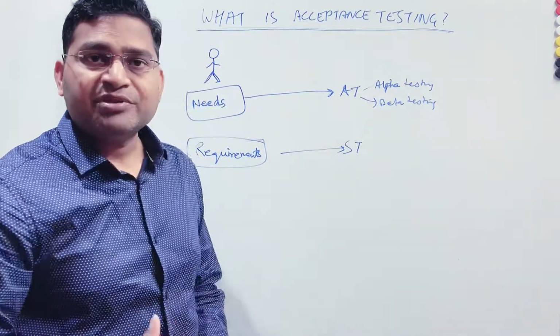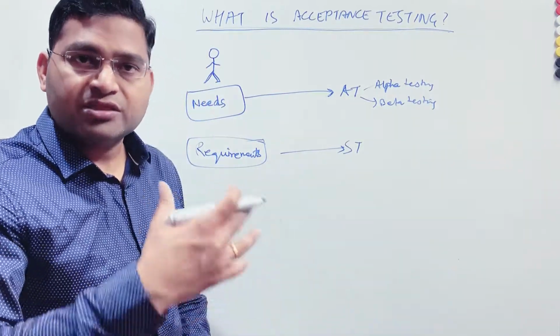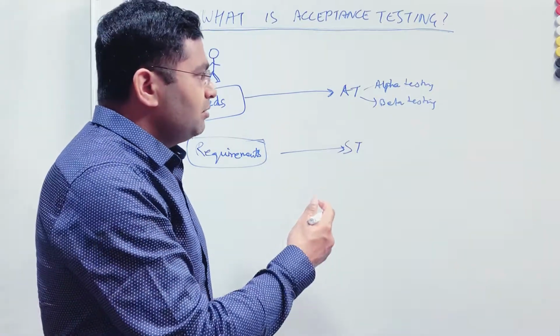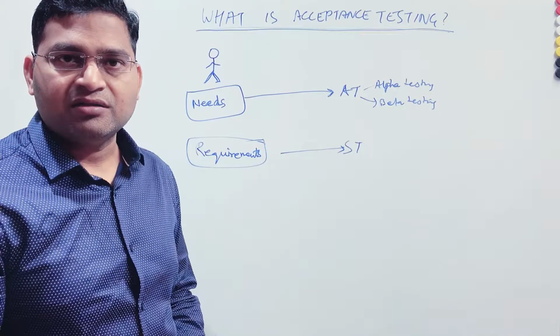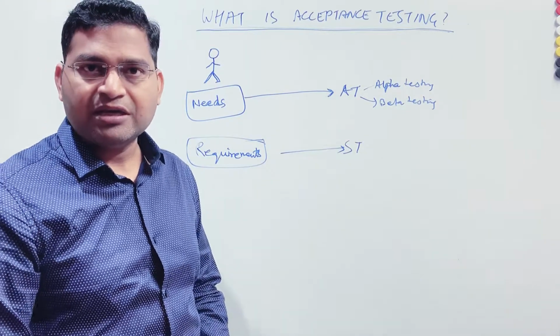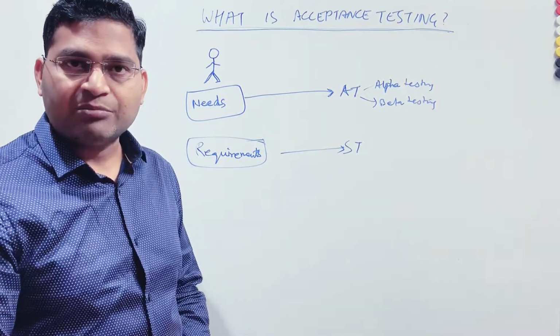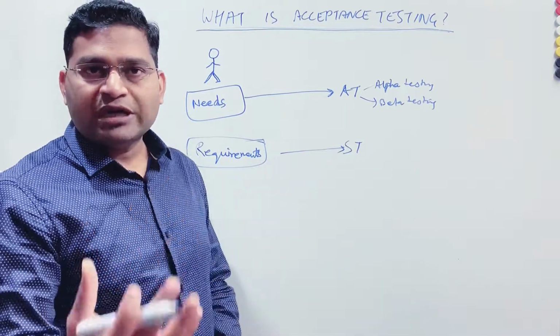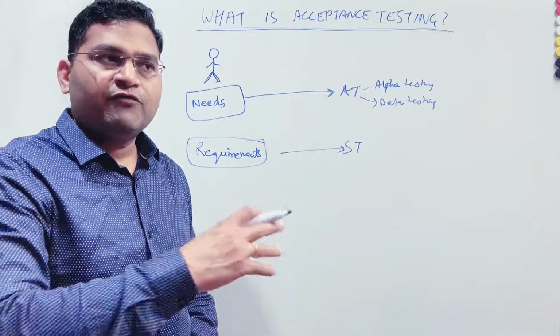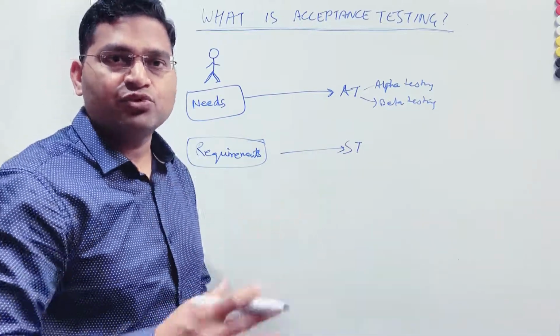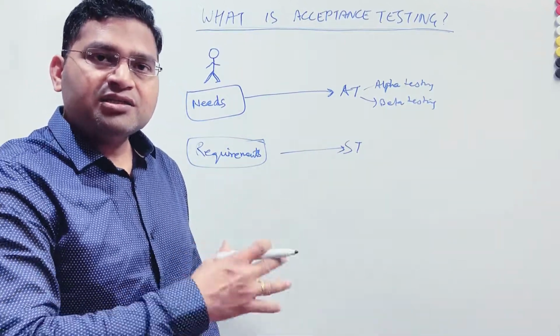Beta testing happens at the customer's premises most of the time, or with the end user. Say, for example, with the Gmail application or the Facebook application, you would have seen that sometimes new features are rolled out to a few users or a section of users. That is beta testing.